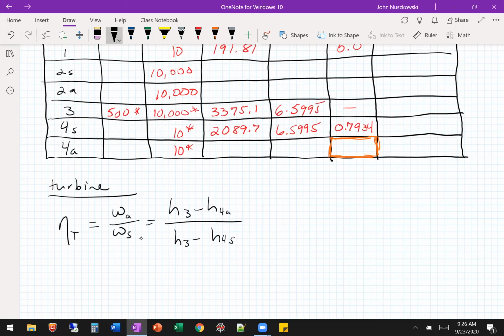Okay, so plugging in, just change in enthalpy.